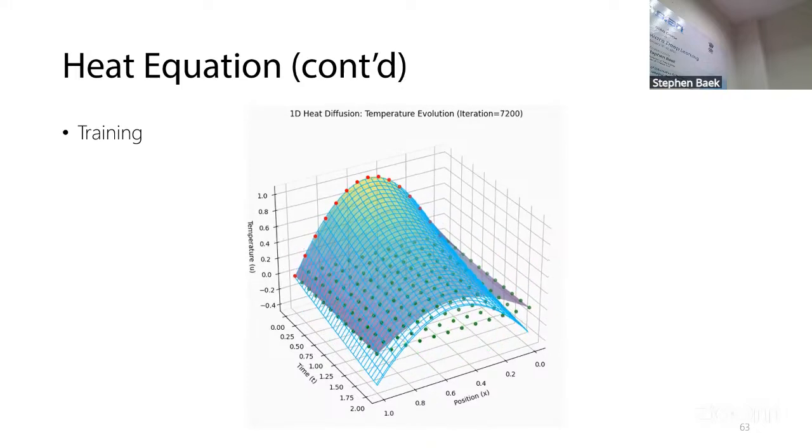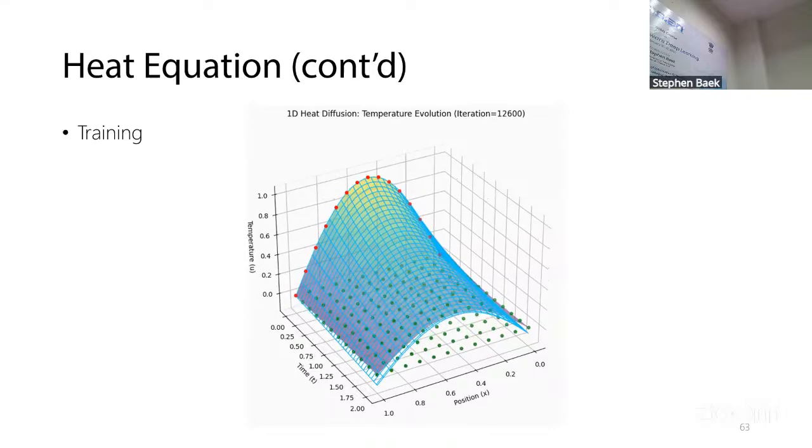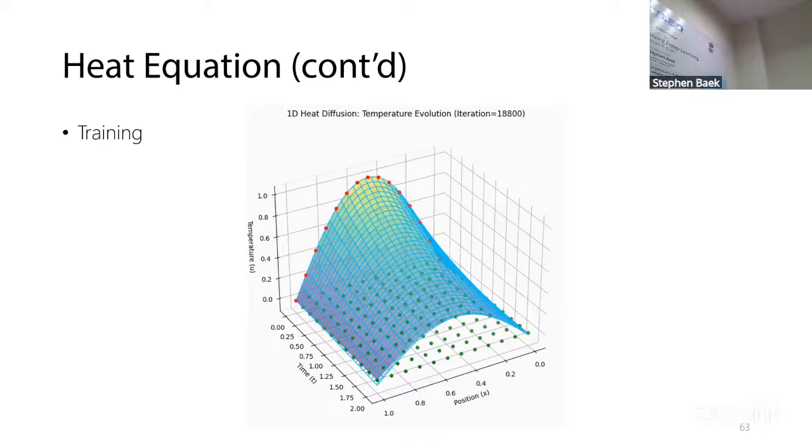In fact, just among us, it took me a while to get this animation. It was very difficult to fine tune the parameters and things like that. And despite that, you can see that the PINN is not perfectly accurate. I tried more than 20,000 steps of iterations. I ran it all the way up to 100,000, 200,000, 300,000. It still looks like that, even for such a simple problem like the heat diffusion.